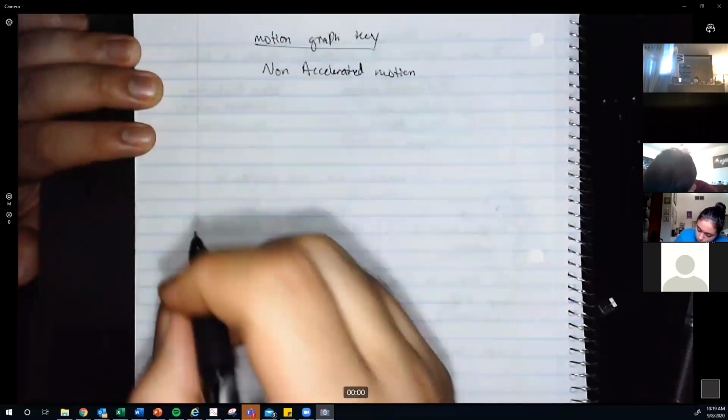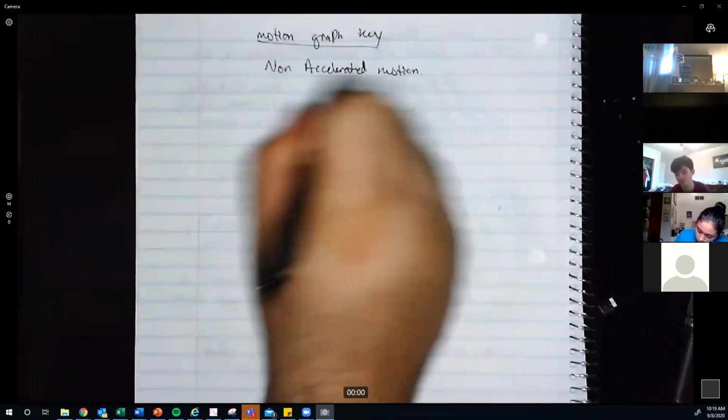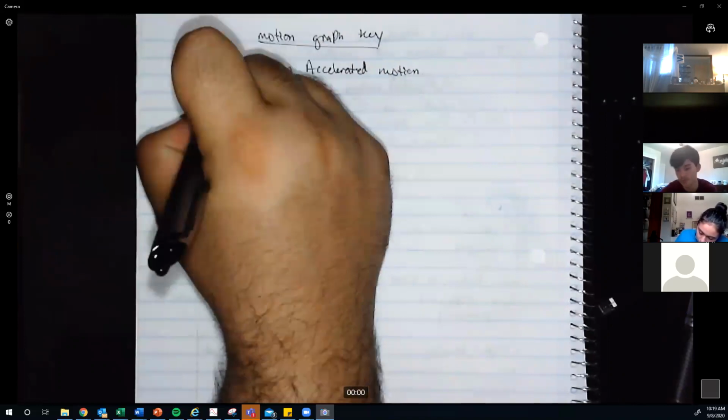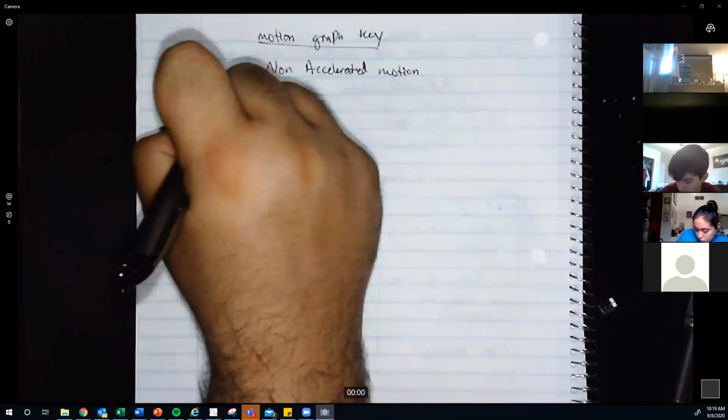So non-accelerated motion. There's three ways we can analyze it: a displacement time, velocity time, and acceleration time graph. So let's start with one of the scenarios that could be a non-accelerated motion. Let's start with no motion. So it's not moving whatsoever. This is what we're analyzing right now.